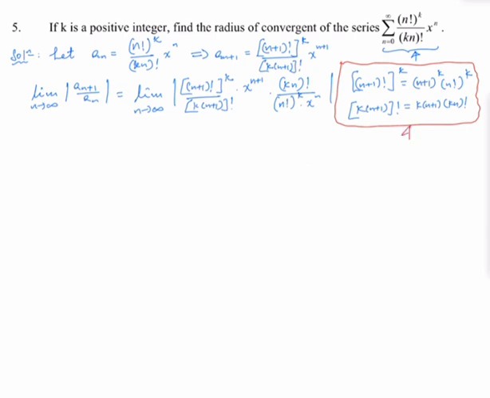So ይሄንን እዚህ ሊሚት ውስጥ እናመጣዋለን። So this limit becomes the limit, in absolute value, of (n plus 1) to the power of k times (n factorial) to the power of k over (k times n plus 1) times (k n) factorial, times x to the power of n plus 1 times (k n) factorial over (n factorial) to the power of k times x to the power of n ይሆናል ማለት ነው as n approaches infinity.